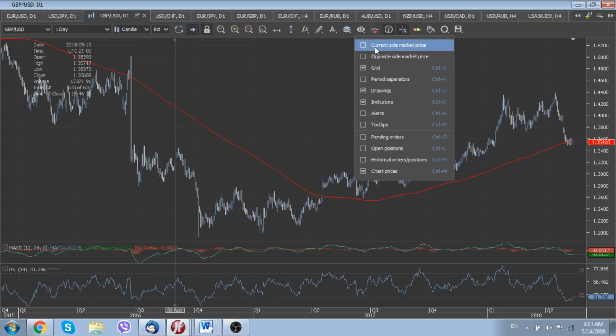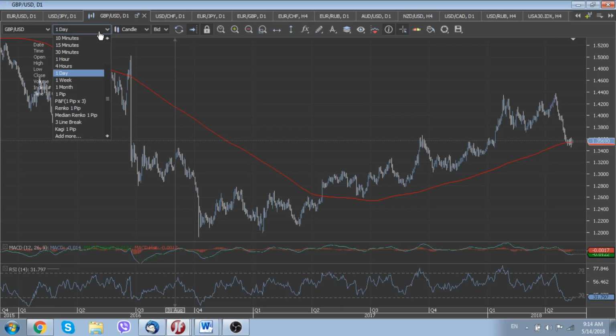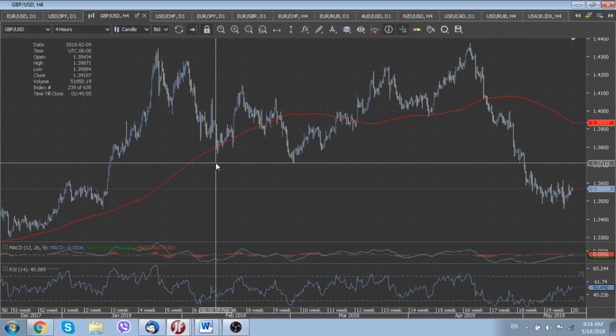And while so, the pair still has some potential to extend its corrective pullback to the upside. Anyway, to the upside, the pair should meet some stronger barrier around 1.37 and 1.38.